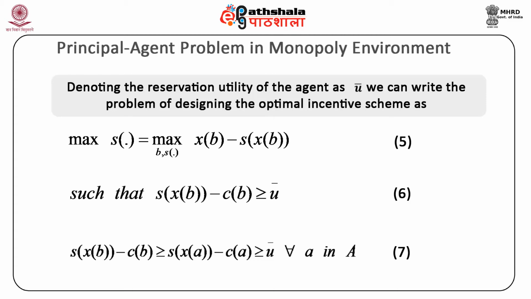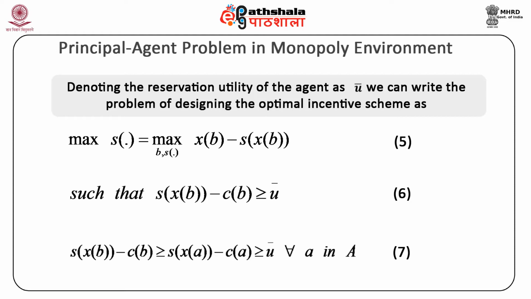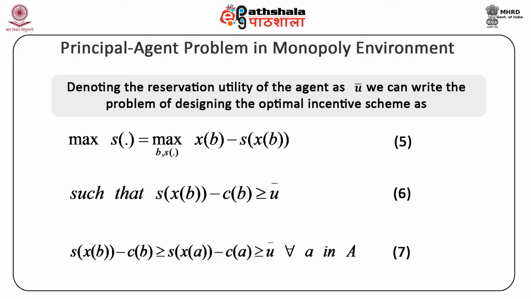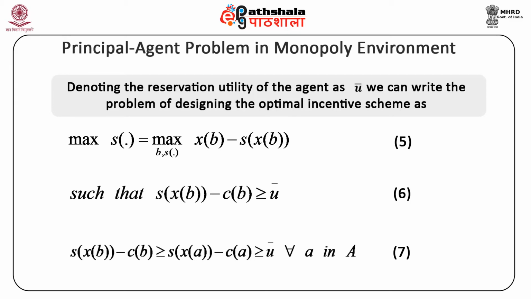Thus, the participation constraint states that reservation utility is the minimum utility level which the agent must get. Condition 7 is the incentive compatibility constraint, which is also imposed upon the agent. This constraint states that B would be optimal for the agent to choose.